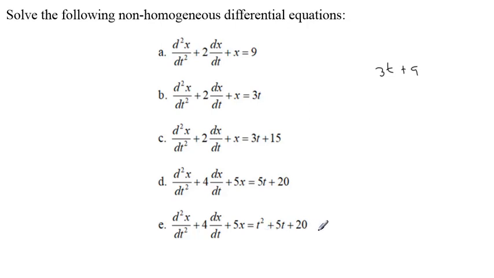Let's summarize a bit. What we saw first of all, f of t or f of x, the right hand side was 5, which is a constant function, simply a polynomial of order 0. And the next one, f of t, the right hand side of the equation, was 3t plus 9, which is a polynomial of order 1.